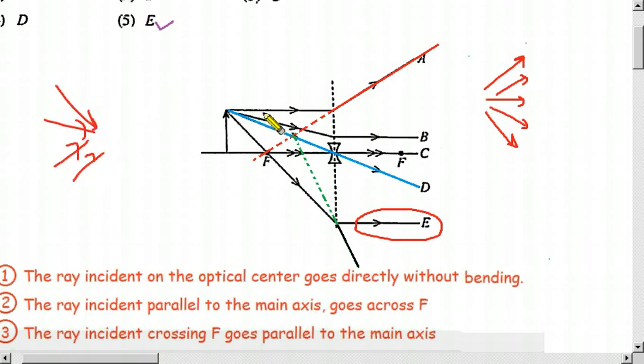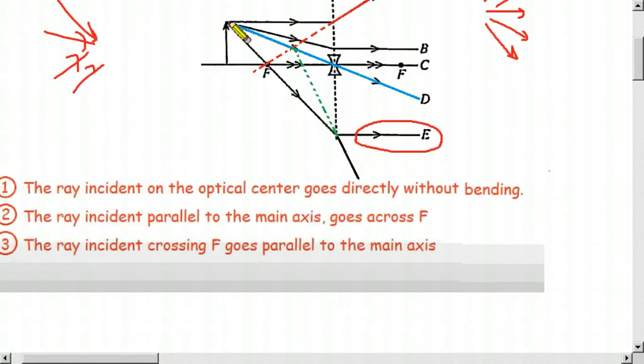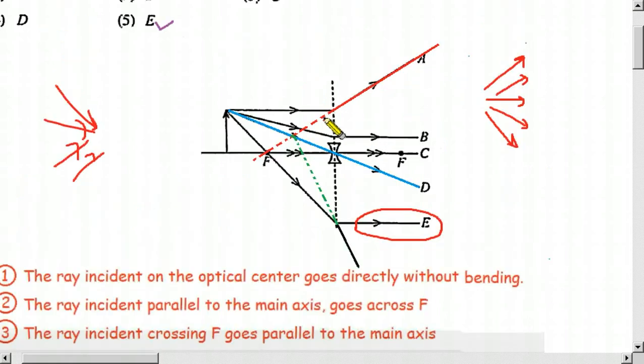So this ray, the original one, came like this and is converging like this. It is bending towards the principal axis. But if it is a concave lens, it should bend away from the main axis. So all the others are bending away like this.